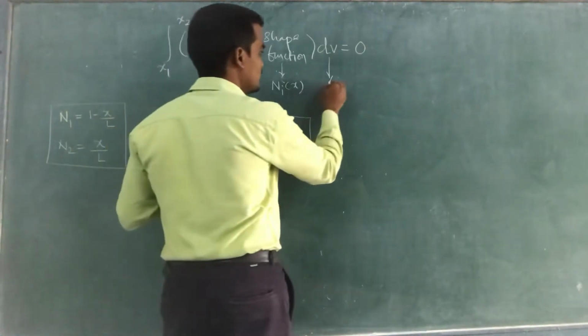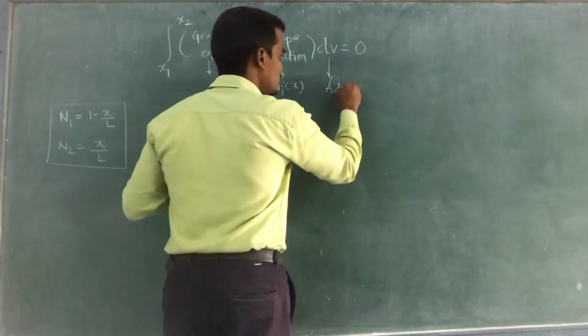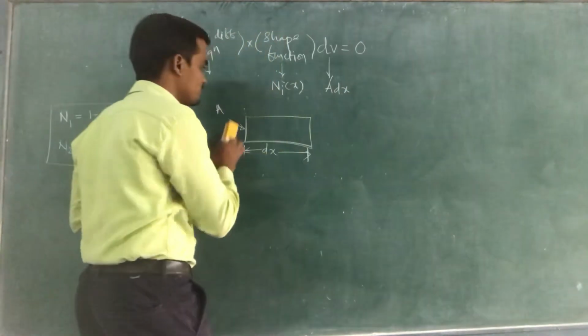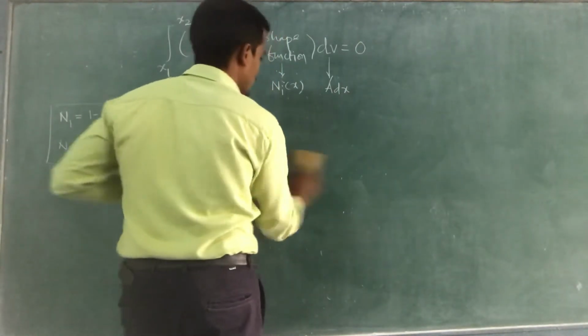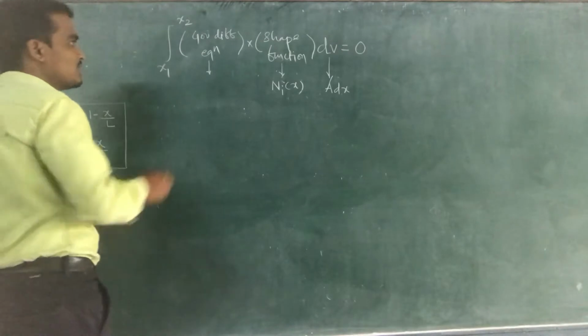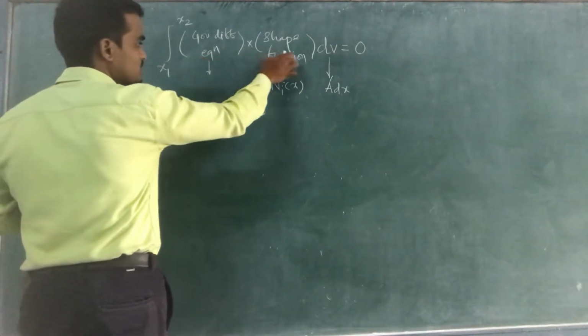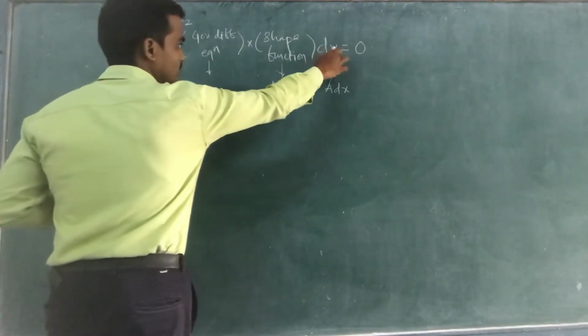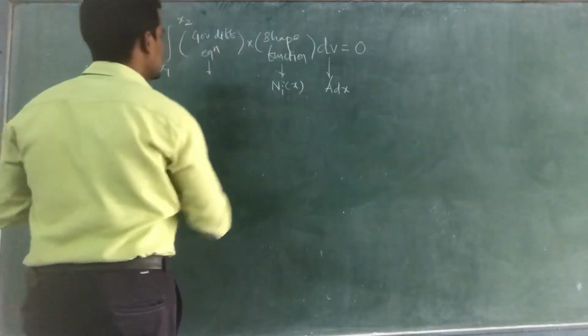Area into length, so area into dx is the volume. Now we can write our governing differential equation, shape functions Ni of x, and volume A dx.